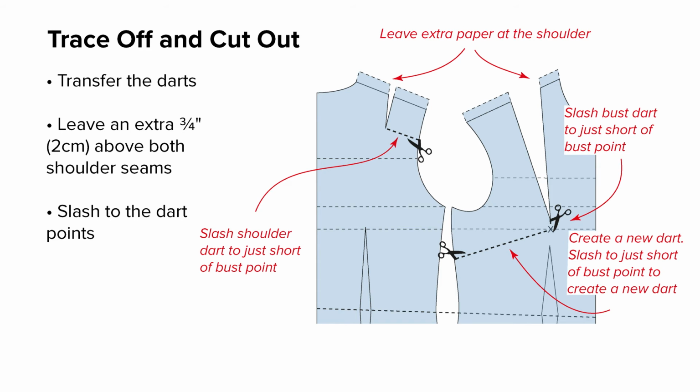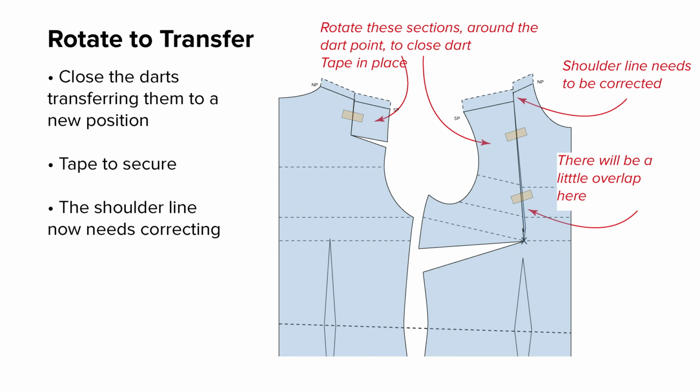For the back shoulder dart, slash from the back armhole to just short of the shoulder dart point. Rotate to transfer. Rotate the sections around the dart points as shown to close the darts and tape to secure.